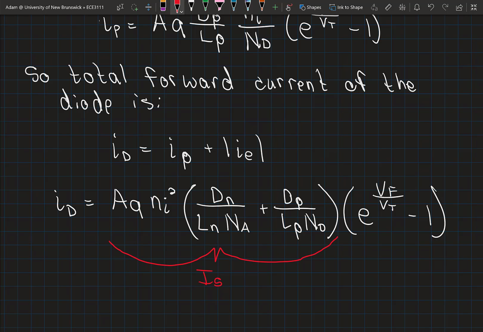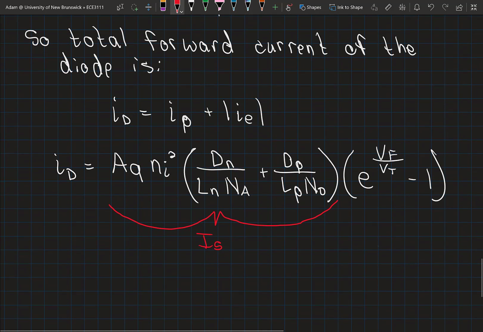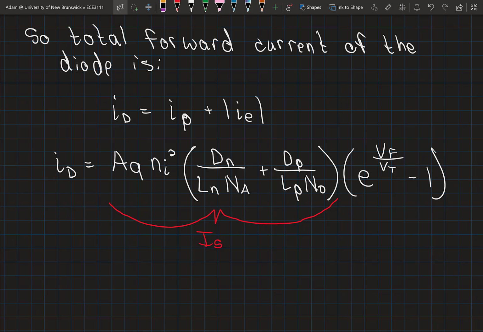Okay, and we see that scale current is a factor of many things: our diffusion constant, our diffusion length, our doping levels, and also the area. And we're going to come back to talk about the impact of area on our diode current in a little bit in the future.